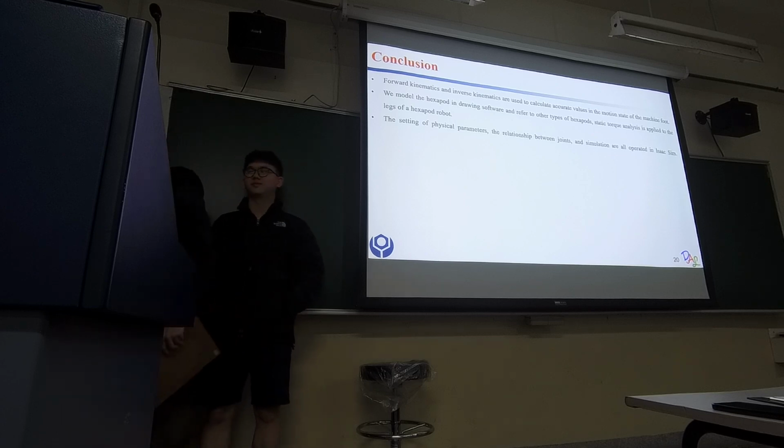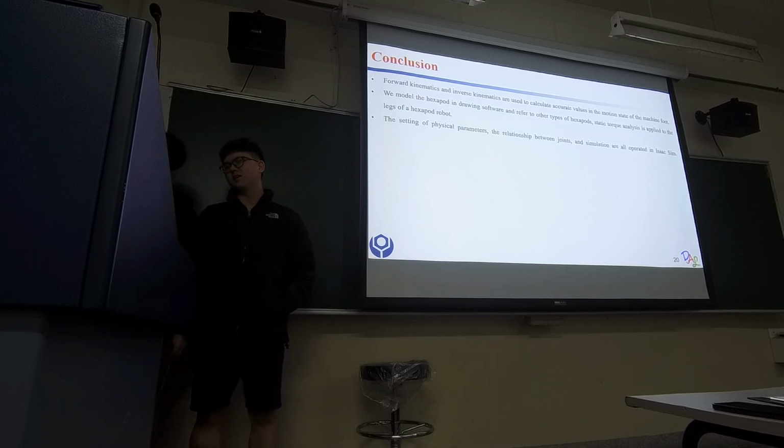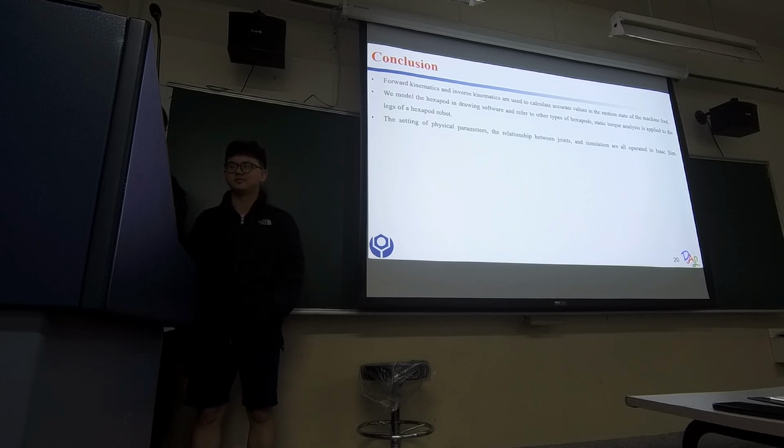Our conclusion: forward kinematics and inverse kinematics are used to calculate the motion state of the robot foot. Next, we designed the hexapod robot, looking at other types of hexapods for reference.